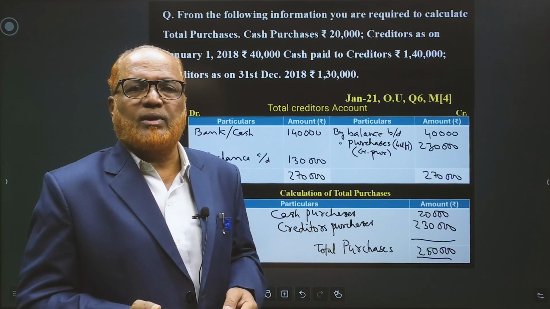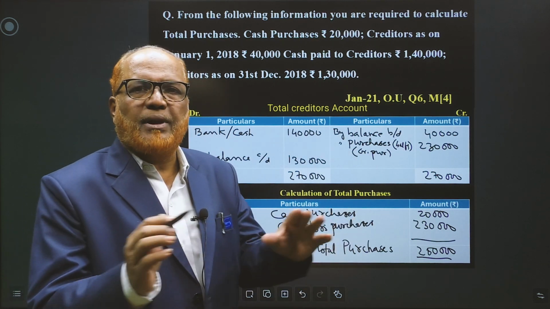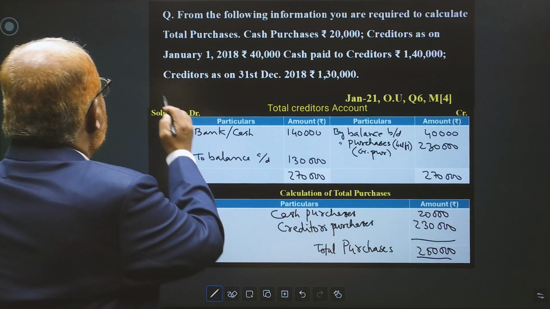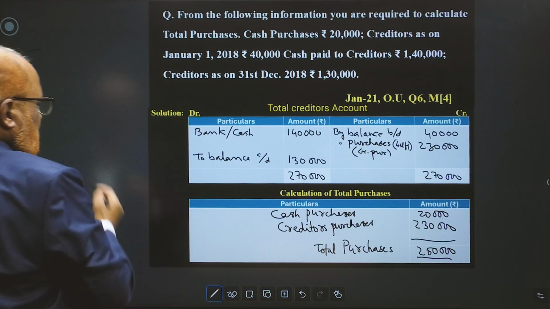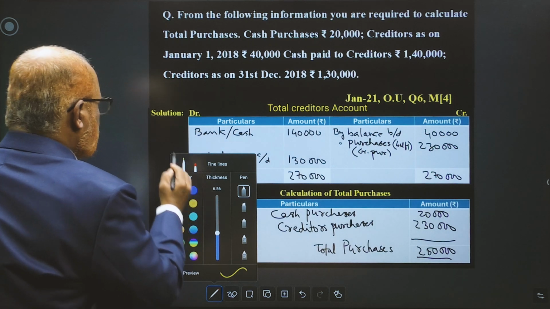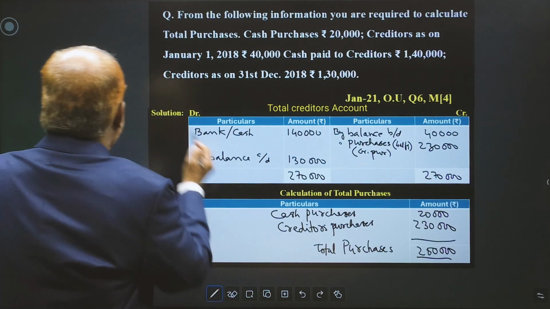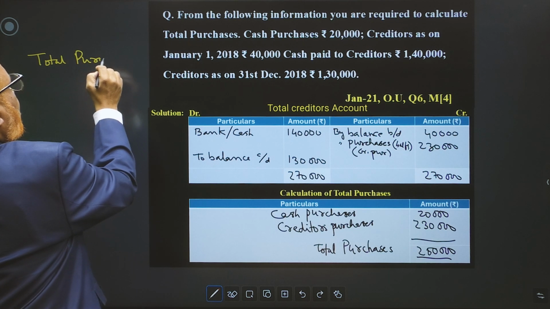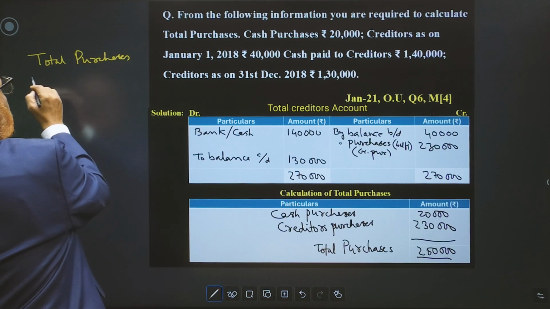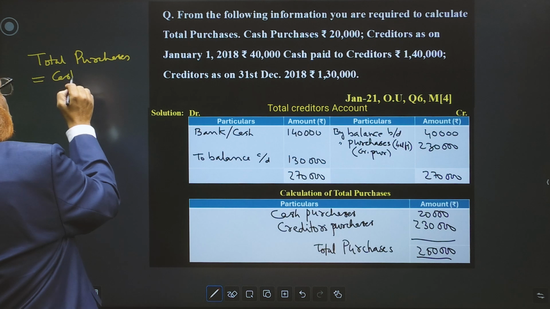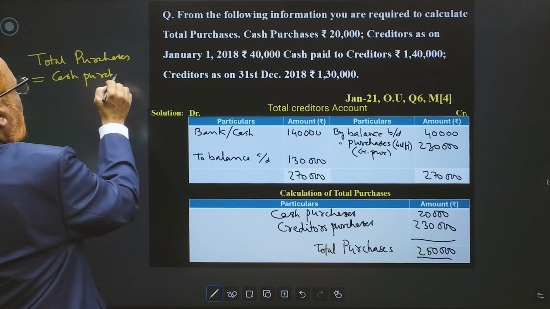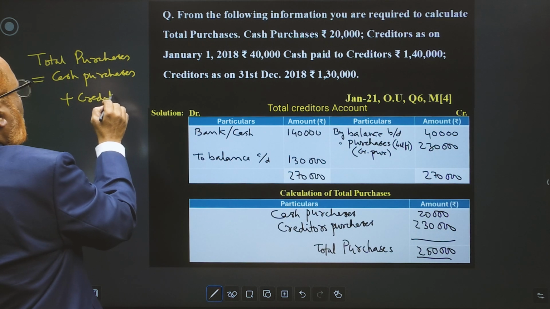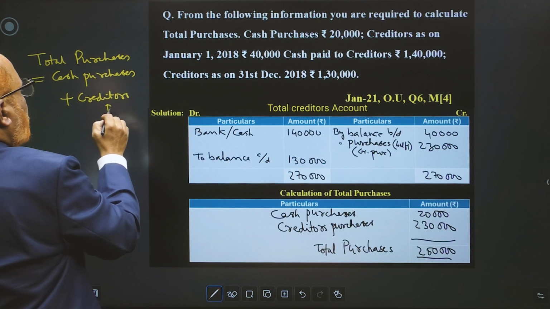You will get full marks whether you prepare the table or simply write the equation to get the total purchases. How I am writing it here? See carefully. Total purchases is equal to cash purchases plus credit purchases.